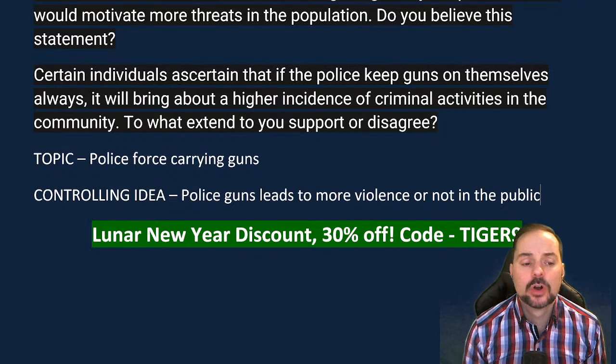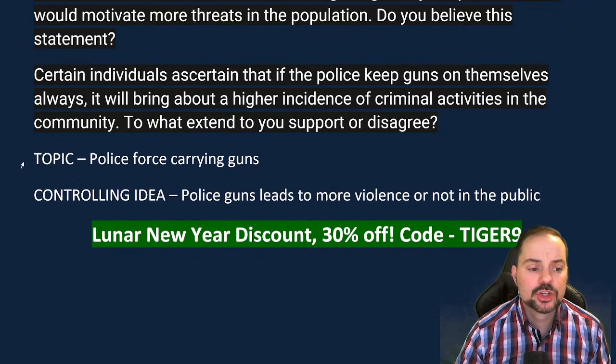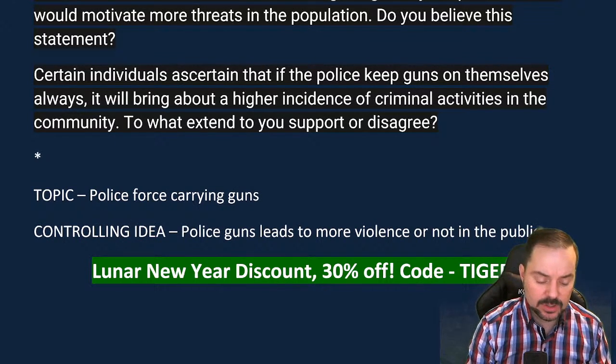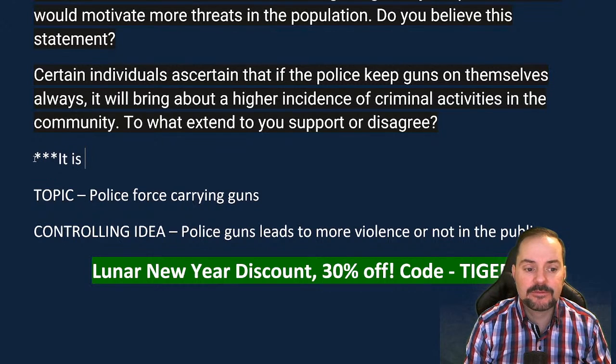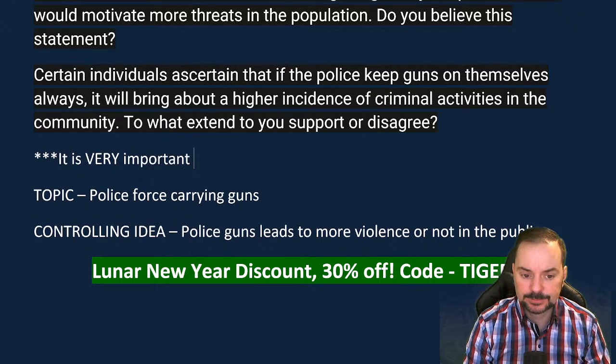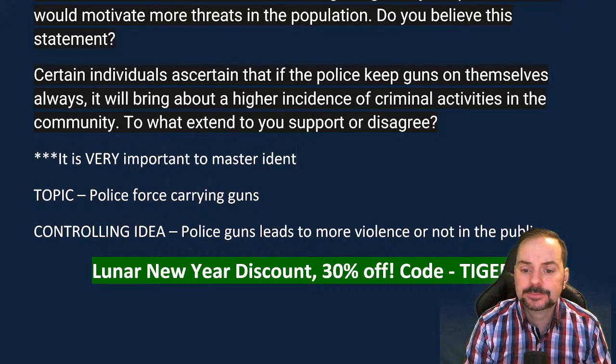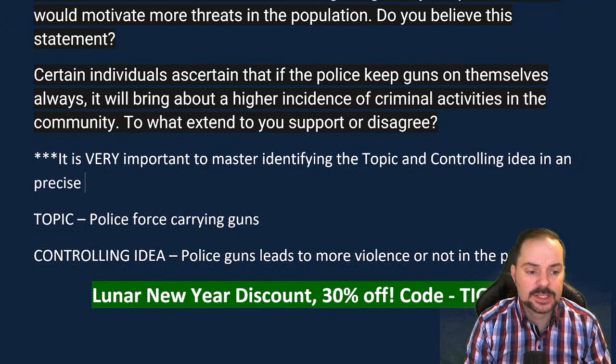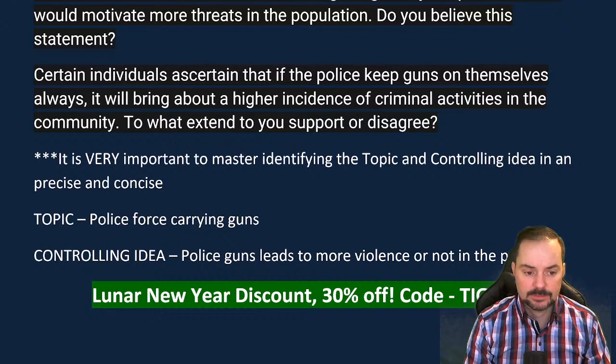When you're identifying the topic and the controlling idea, everyone, your goal is to be accurate and concise. It is very important to master identifying the topic and controlling idea in a precise and concise way.